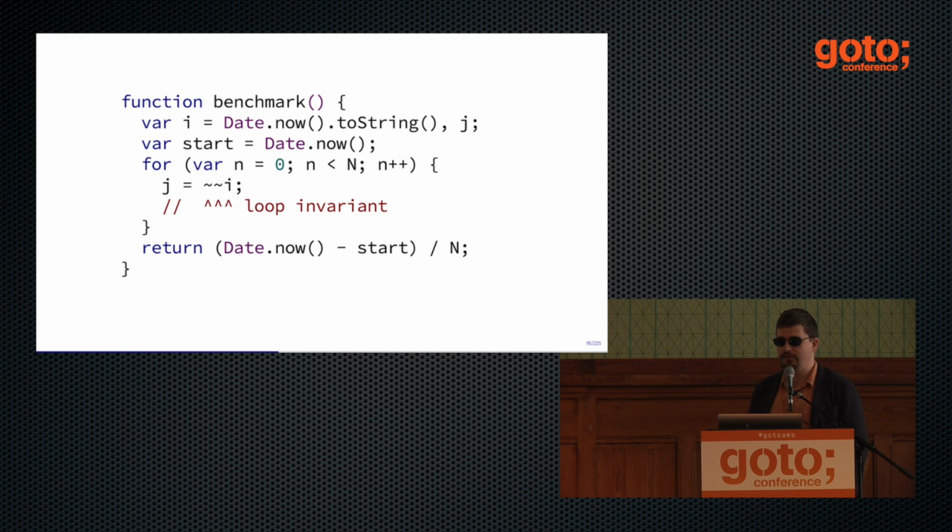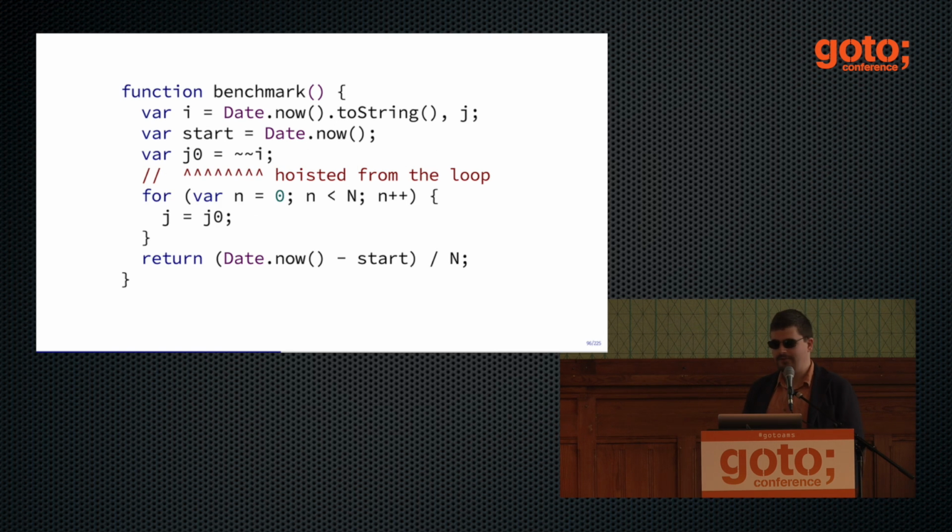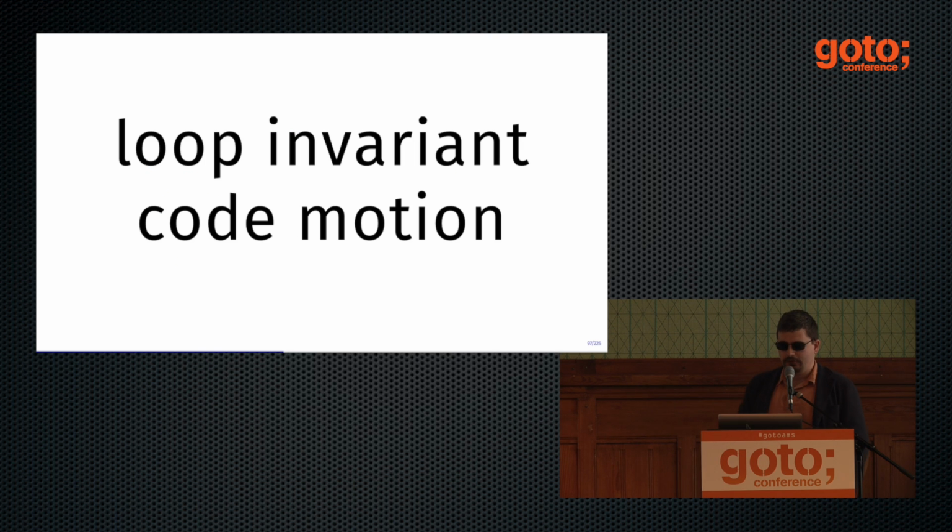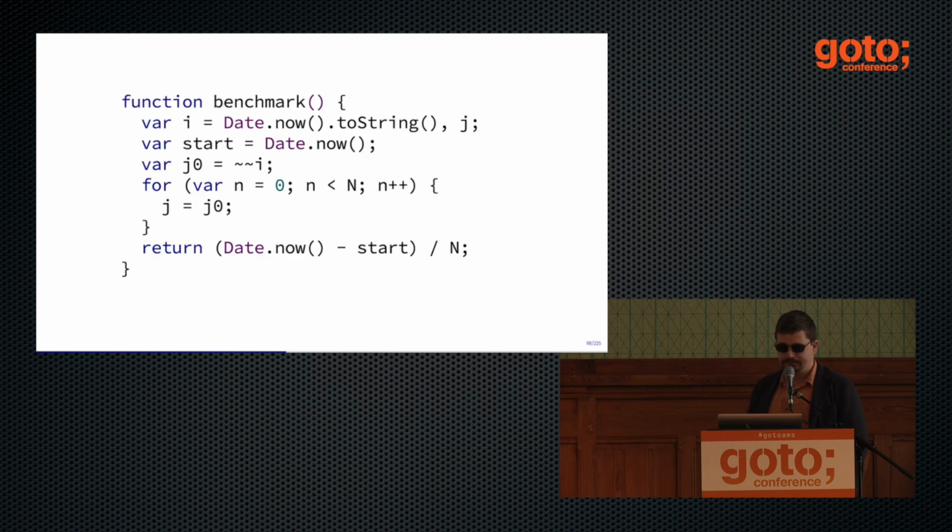So there is no reason to perform this operation again and again in the loop. You can just move it out and perform it outside of the loop. And you're again measuring nothing. You're measuring an assignment of some precomputed value to a variable. Of course, the computation is still happening in the code, but outside of what you're measuring. This is called loop invariant code motion. Again, most JITs do that.